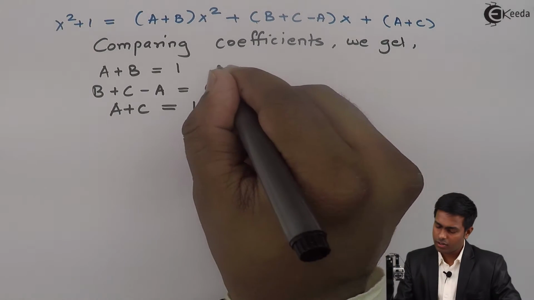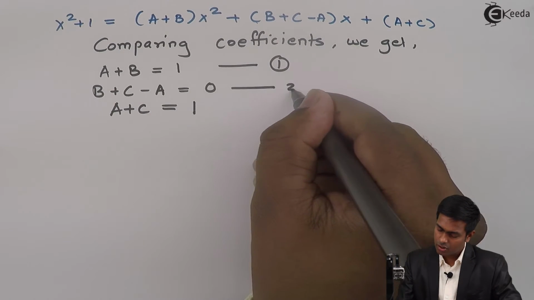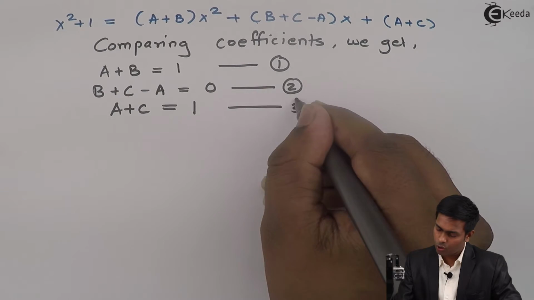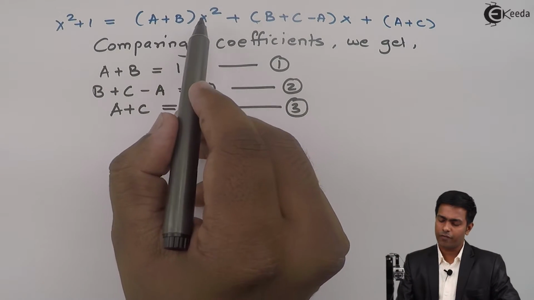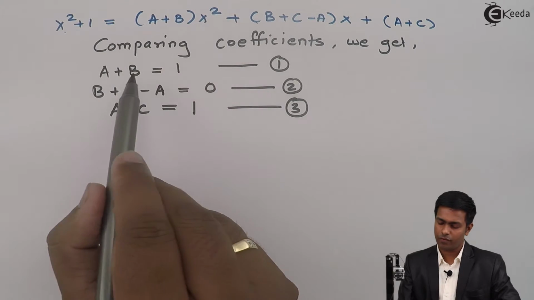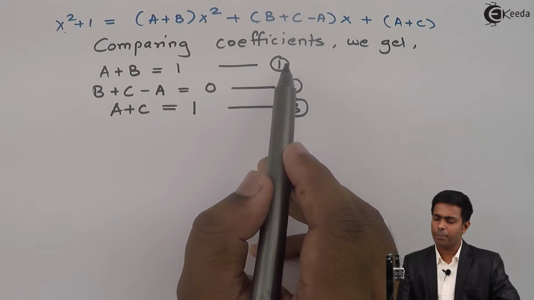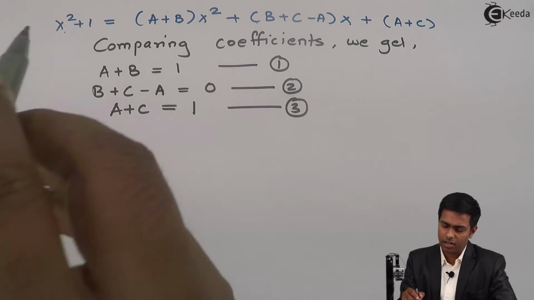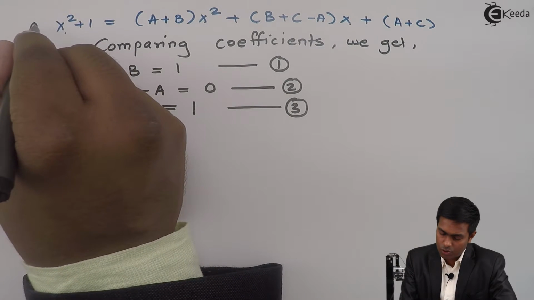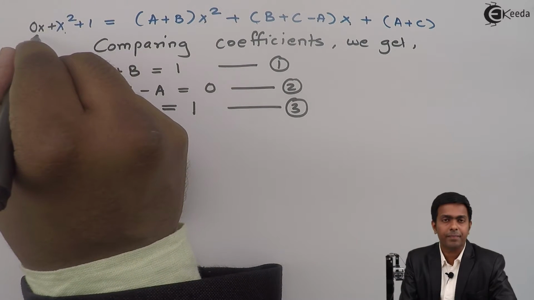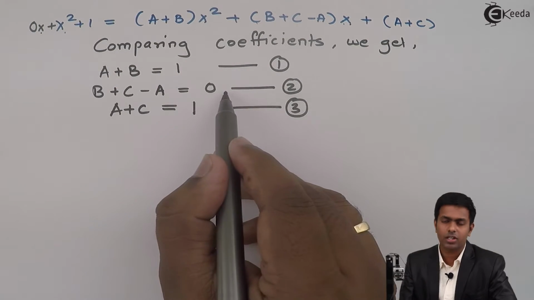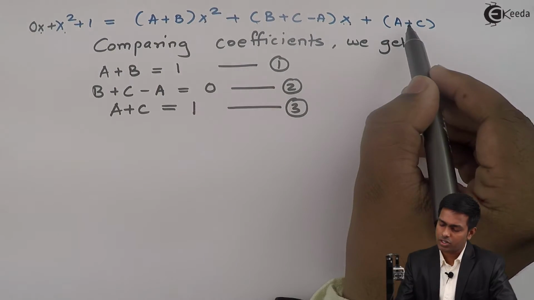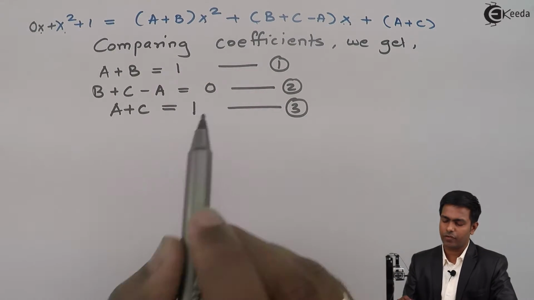So here we got three equations by comparing the coefficients on both sides. By comparing coefficient of x square, we got the first equation. By comparing coefficient of x, here we will consider it as 0x for the time being, we got the second equation, and by comparing constants we got the third equation.